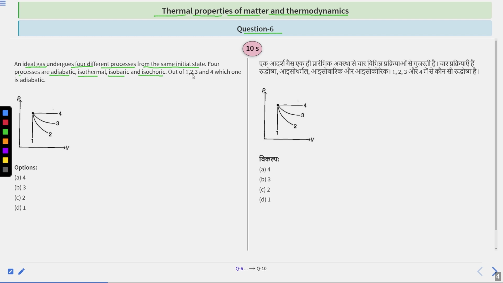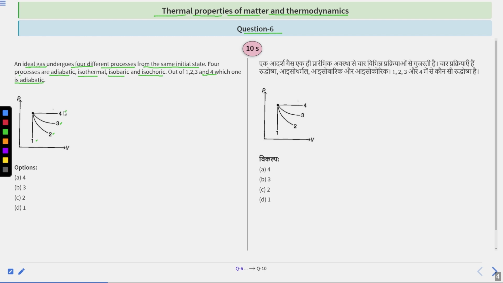Out of 1, 2, 3 and 4, which one is adiabatic? So in these processes, which one is the adiabatic process? Clear? There are 4 processes: this is first, this is second, this is third and fourth.